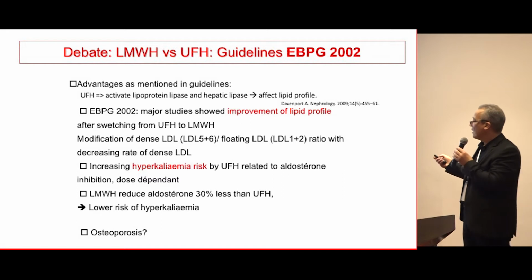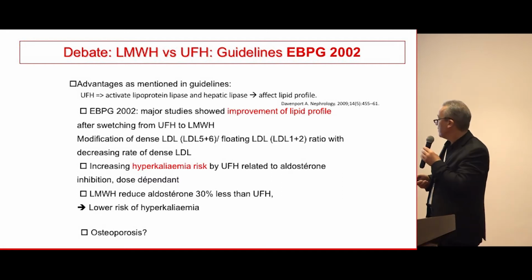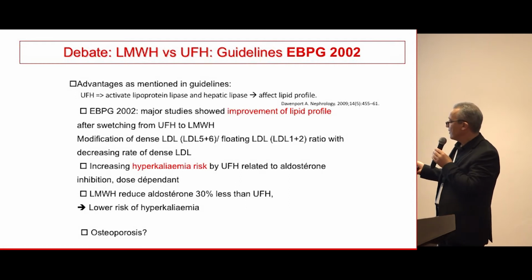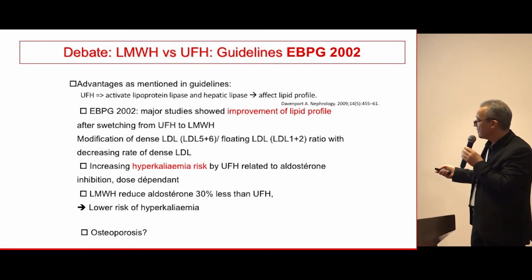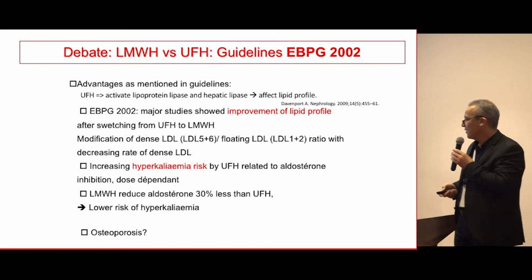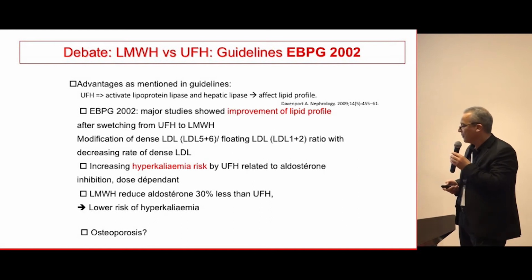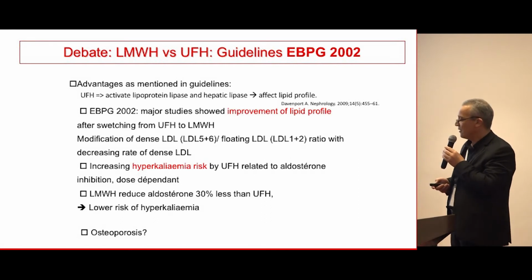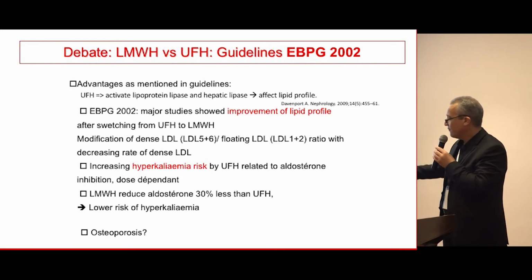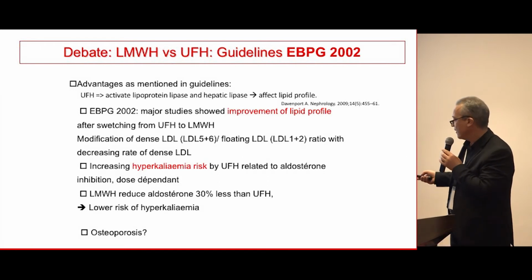The guidelines we have from the European Society are from 2002. They mention as advantages that major studies show an improvement of lipid profile with low molecular weight heparin, and especially less increase in the dense LDL, I mean LDL 5 and 6, which has an anti-atherogenic effect.